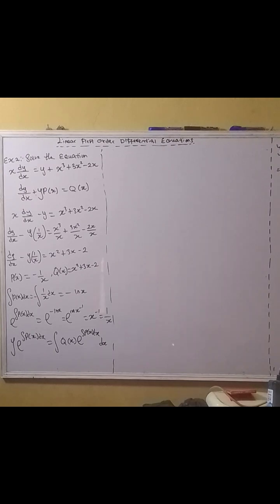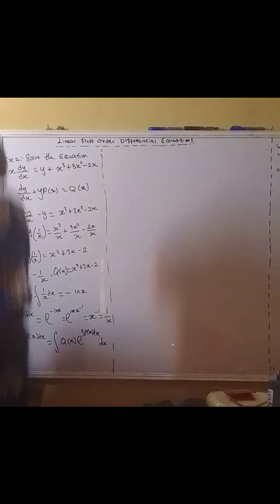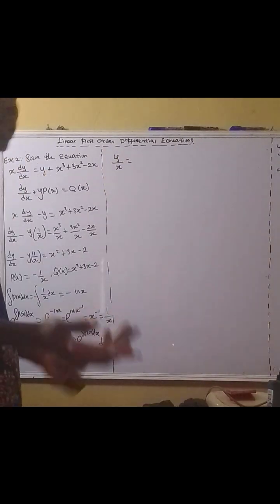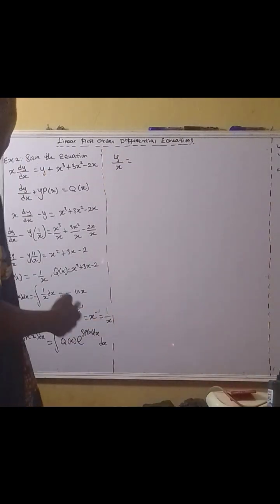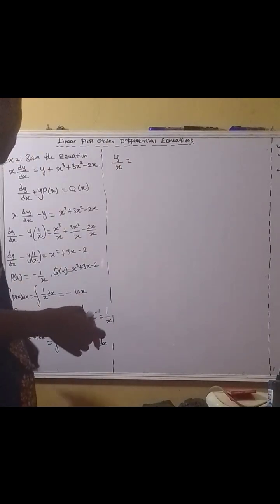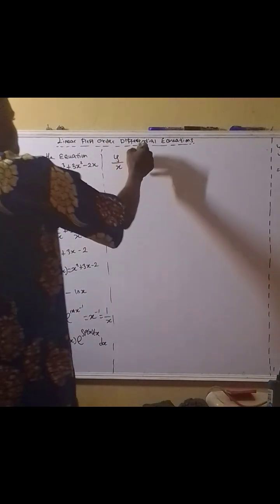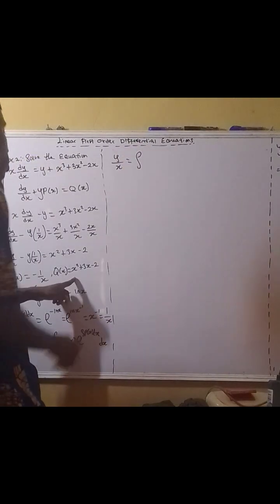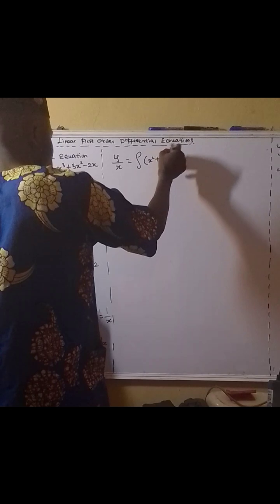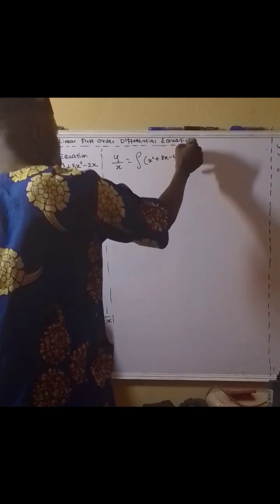So at this point, our integrating factor is 1 over x, right? So that will be y times 1 over x, which is y over x, and that will be equal to integrating our q(x), which is x squared plus 3x minus 2, times 1 over x dx.